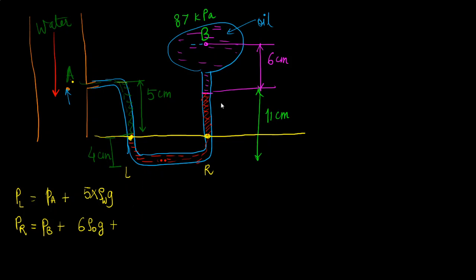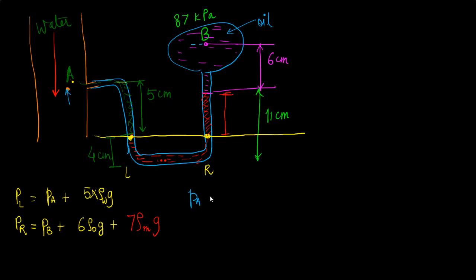So now what is the height of this mercury column? It is 7 centimeter. 7 times the density of mercury times G. Now you equate these two because the pressure at point L and R are equal.